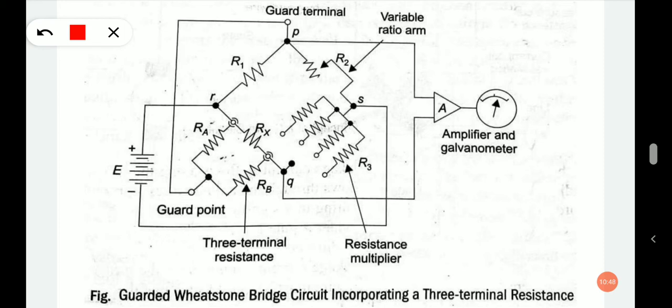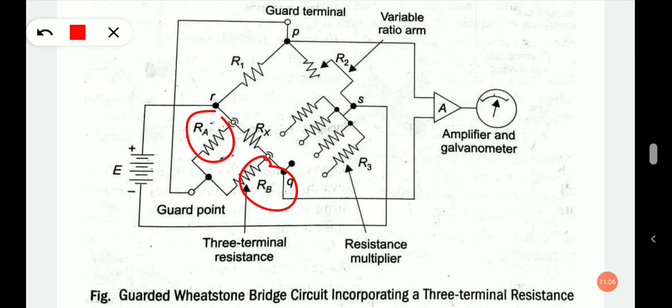Two additional resistances Ra and Rb are connected to terminals as shown in the figure.